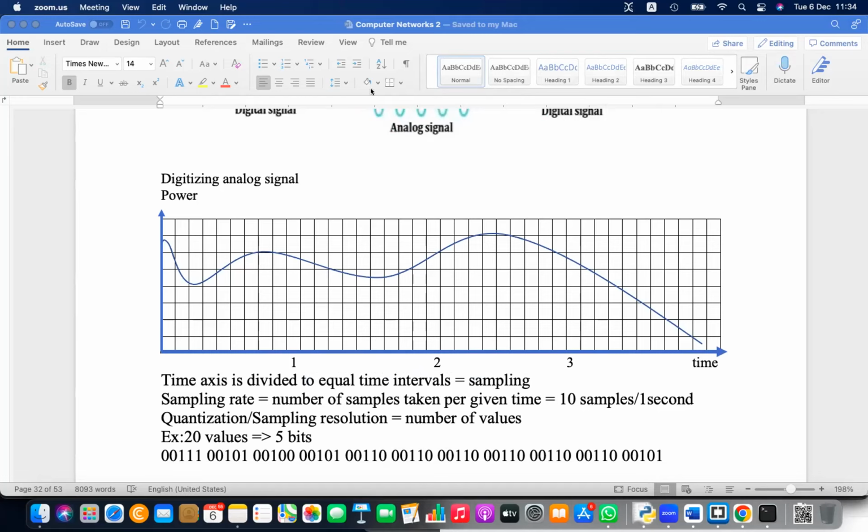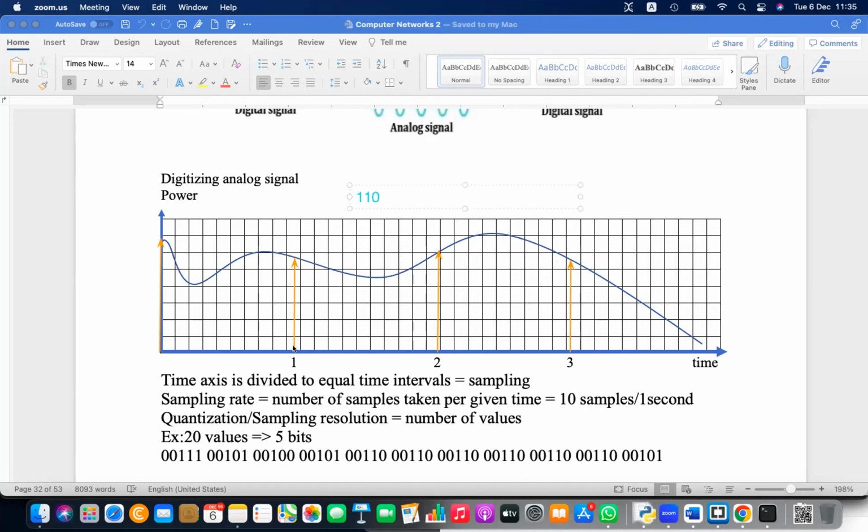Only 3 samples, right? Let's say the first sample is here, the 0th sample, the starting sample. The second sample is here, and the third sample is here. Then what is the corresponding digital signal? Here you can see 0, 1, 2, 3, 4, 5, 6. 6 is 1, 1, 0.